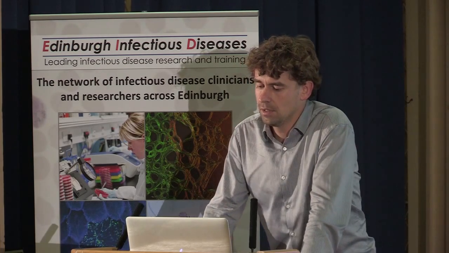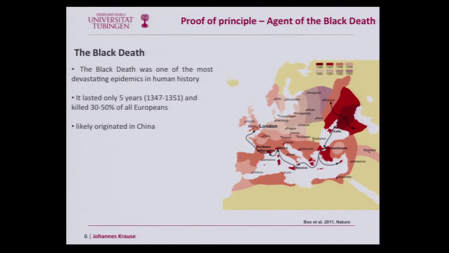And it is estimated that it killed approximately 30 to 50 million people, so about 30 to 50 million Europeans during that time. The historical records indicate that the disease itself started somewhere in Eastern Europe, and it has been suggested that it started somewhere in the Crimean Peninsula, where there was a colony by Genoese people that was called Kaffa.